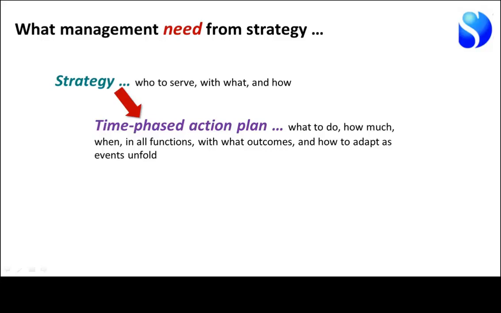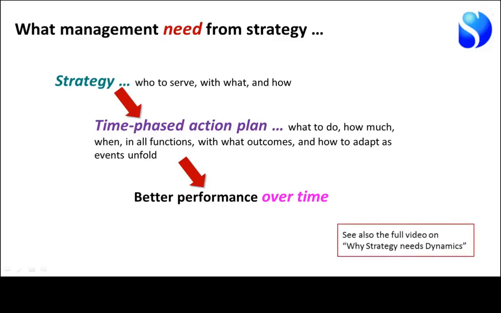And only then, when you've got the time-phased action plan, can you figure out how much better performance you might get out of the thing over time. And it's that performance over time issue we're really focusing on. There's a reasonably extensive video on the online course page or on our website called Why Strategy Needs Dynamics, and that's really expanded upon in that video.